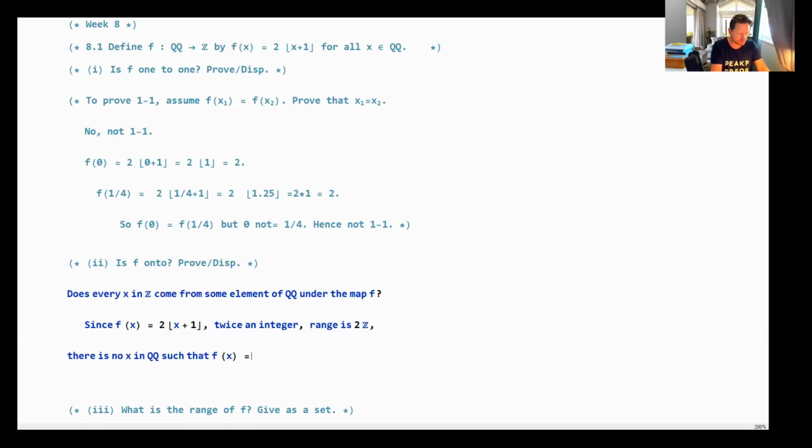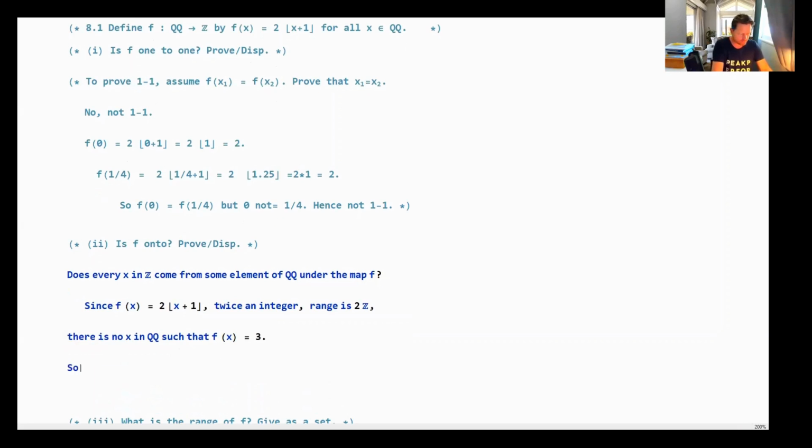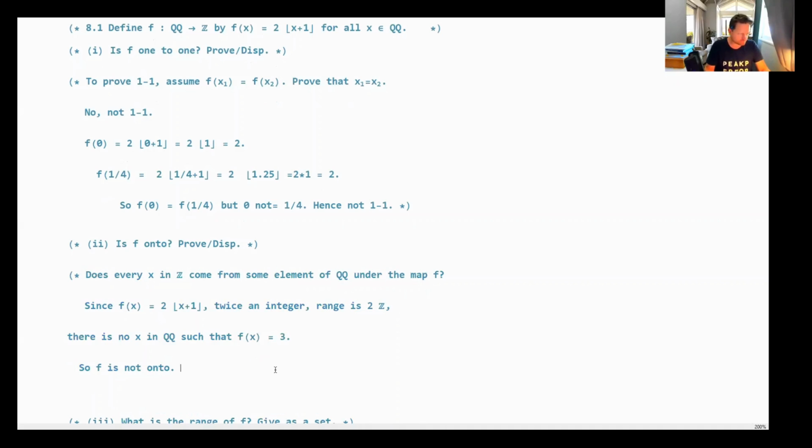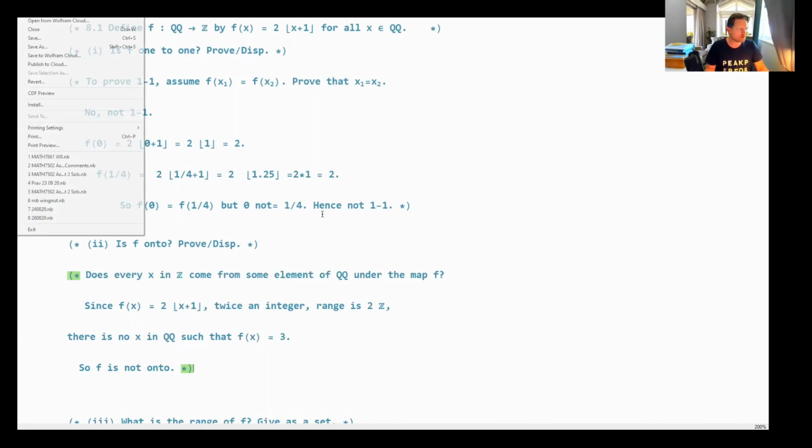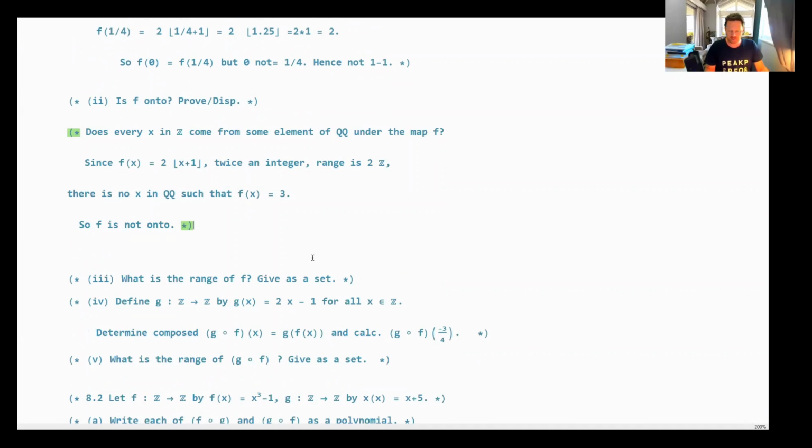Because 3 is an odd number, and the output of this function is the set of even numbers. Okay, so we conclude f is not onto. Right, and we'll turn this into a comment. And then I'll press save. All right, any questions about that one?